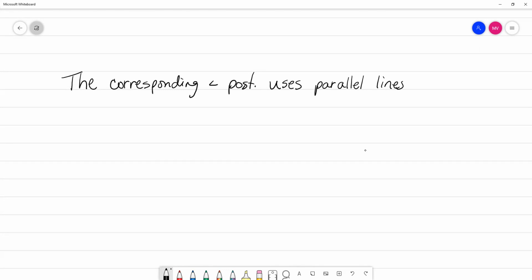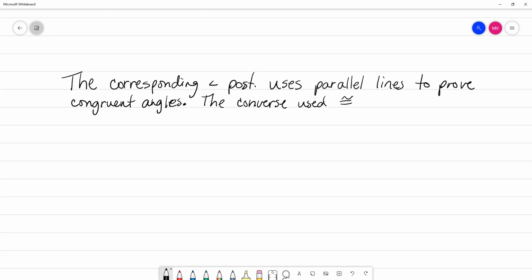Uses parallel lines to prove congruent angles. The converse uses congruent angles to prove parallel lines.